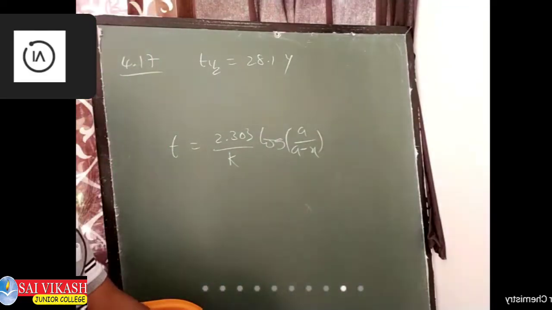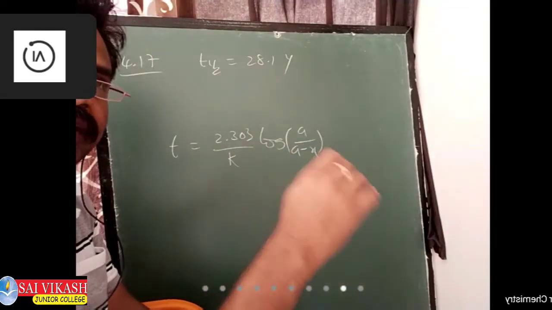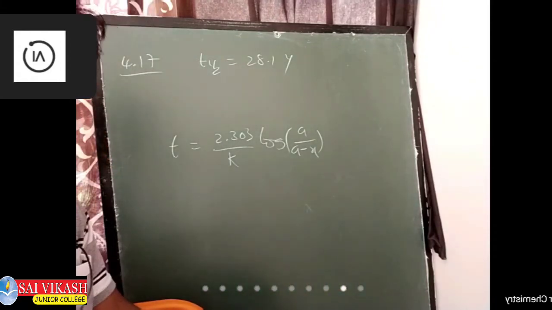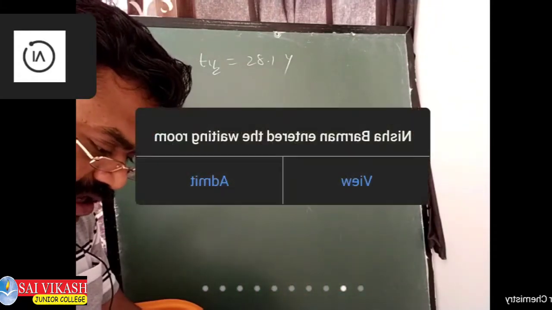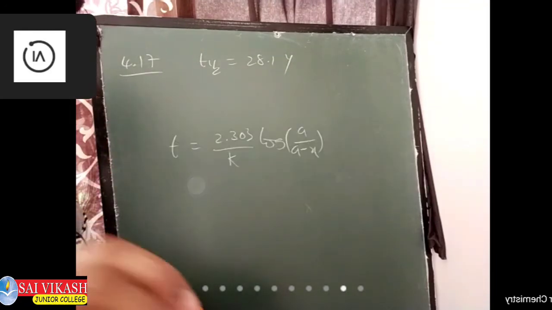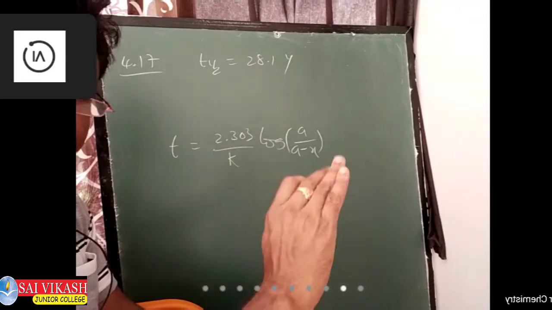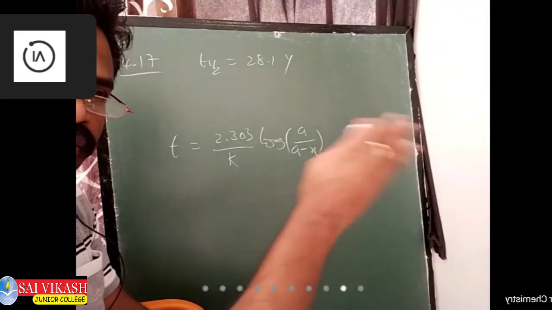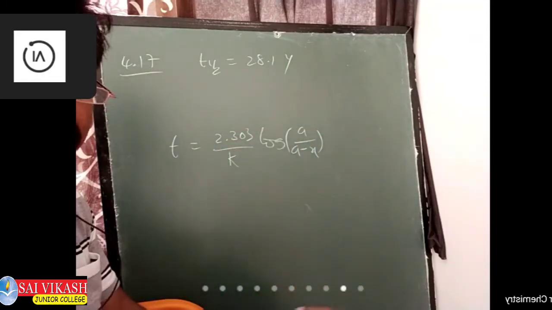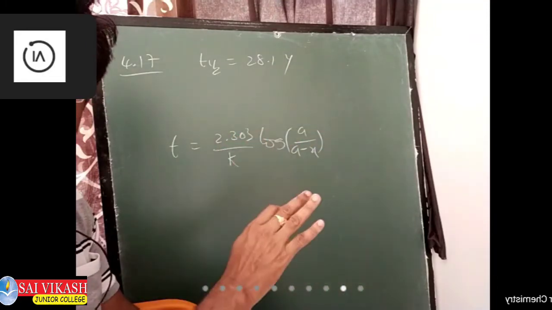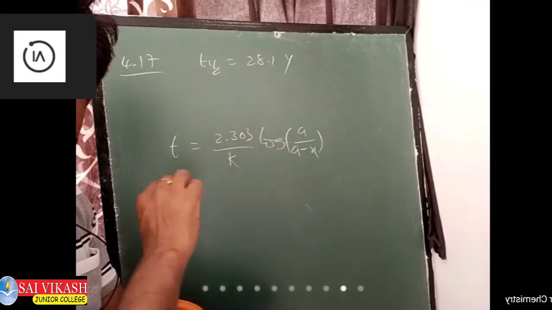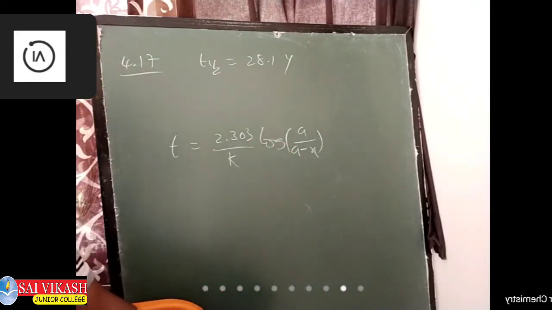They are asking how much of it will remain. Remain means a minus x is left. x is reacted, so from a, a minus x will be left after the reaction. Is it clear to everybody? a minus x means left after time t, right?